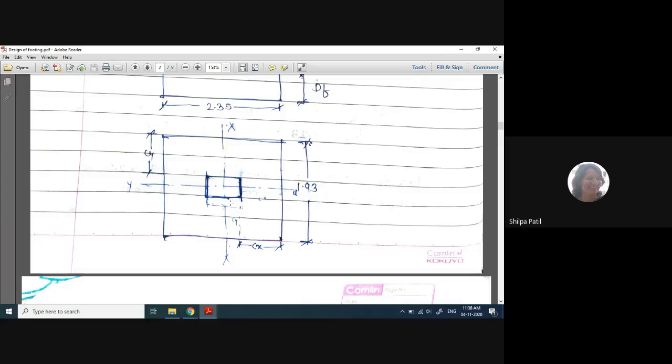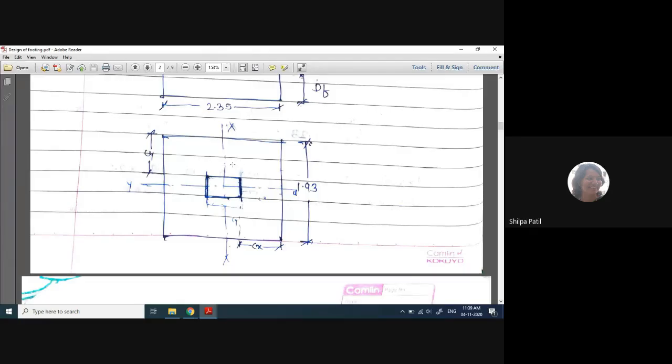Keep this in mind because this is very important. X-axis is considered always perpendicular to the depth of the column or larger dimension of the column. So this is the x-axis and this is the y-axis. The moment is acting about x-axis. So the moment is acting in this fashion, here and here across this footing about x-axis.